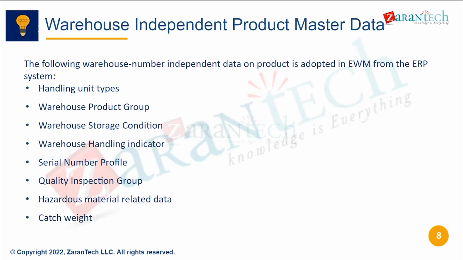So if you have a requirement that quality has to be done in the ERP system, then as soon as the EWM system receives the data and we do the goods receipt of that particular product, the EWM system will trigger and send a request to the ERP system that stock is received.